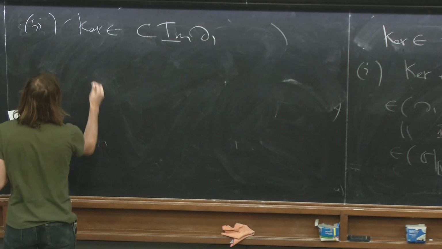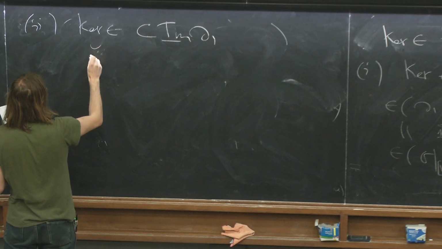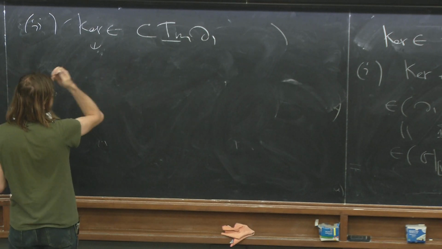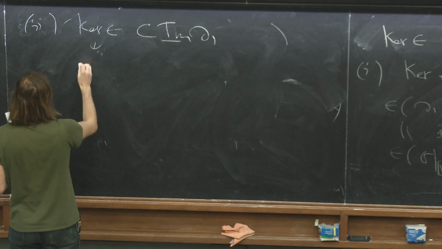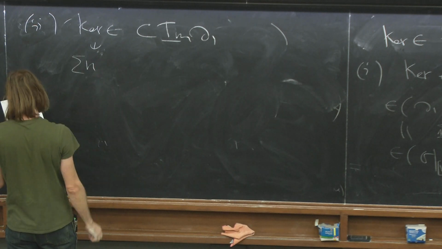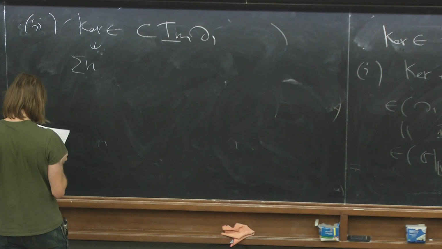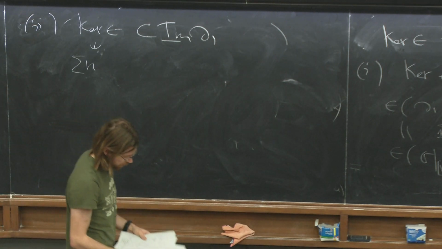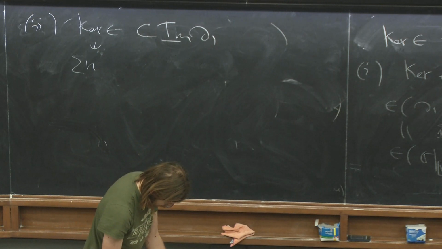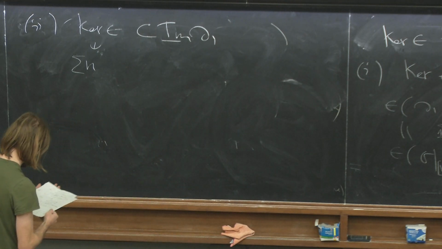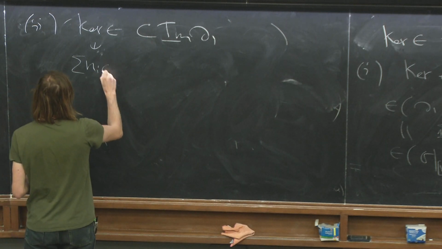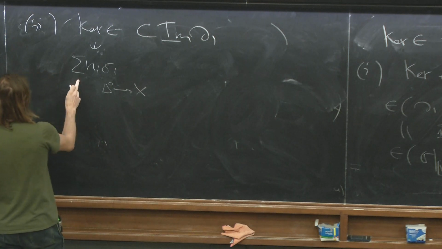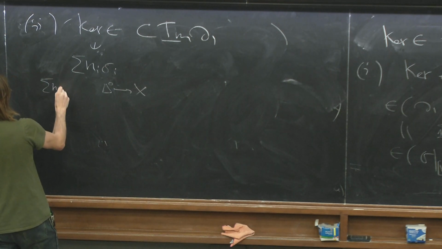So let's take some element here in the kernel of epsilon and show that it's also in the image of D1. So an arbitrary element here is of the form sum of mi sigma i, where each sigma i is a map from delta 0 to x. And since it's in the kernel, the sum of these coefficients is 0.